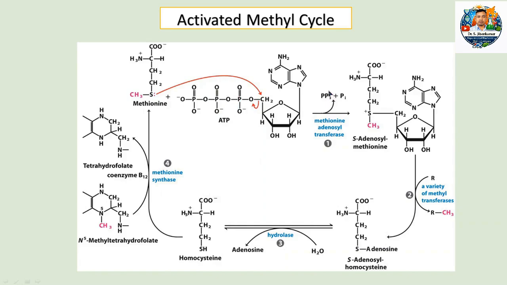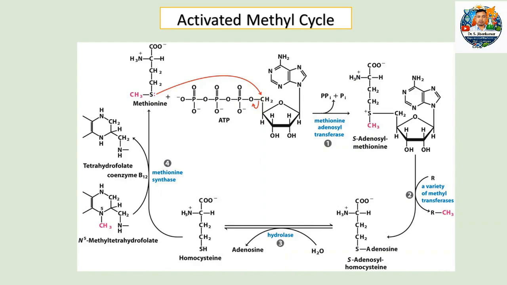It is further broken down into one inorganic pyrophosphate and one inorganic phosphate. And this reaction is catalyzed by methionine adenosyltransferase. So this is the S-adenosyl methionine, which is used as the methyl group donor in many of the reactions.